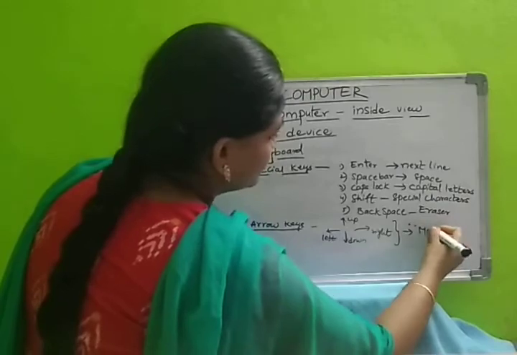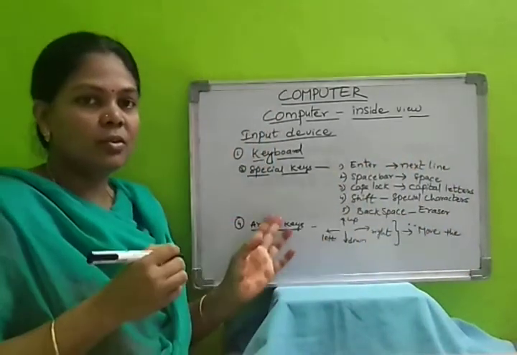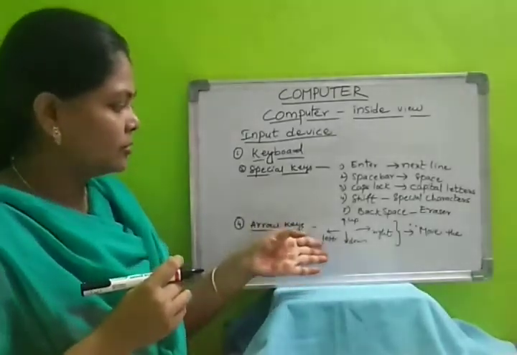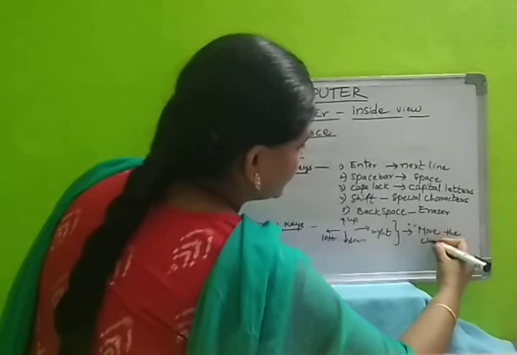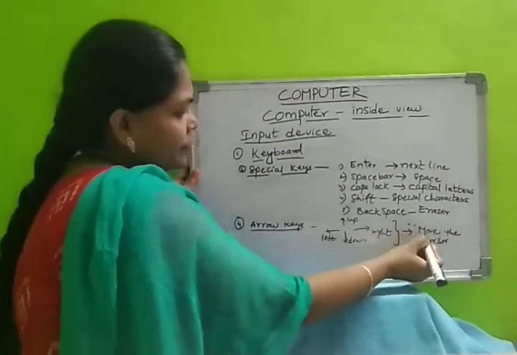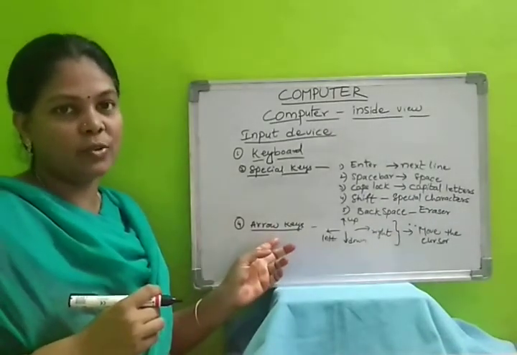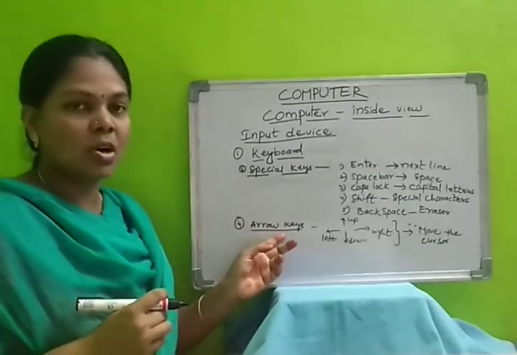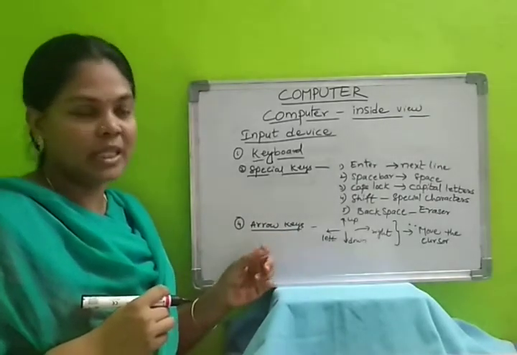In how many directions can we move the cursor? 4 directions. Up, down, left side and right side. So we are controlling the cursor using these arrow keys. Arrow keys are also called cursor control keys or cursor movement keys.